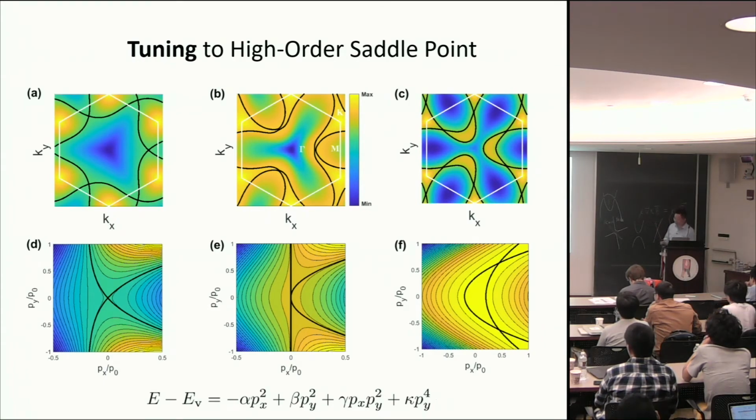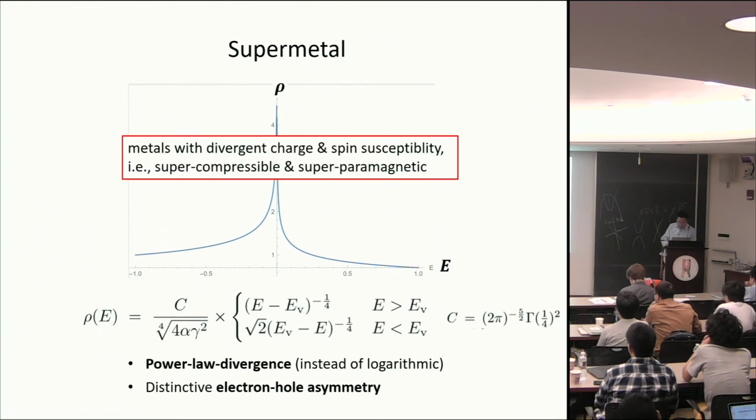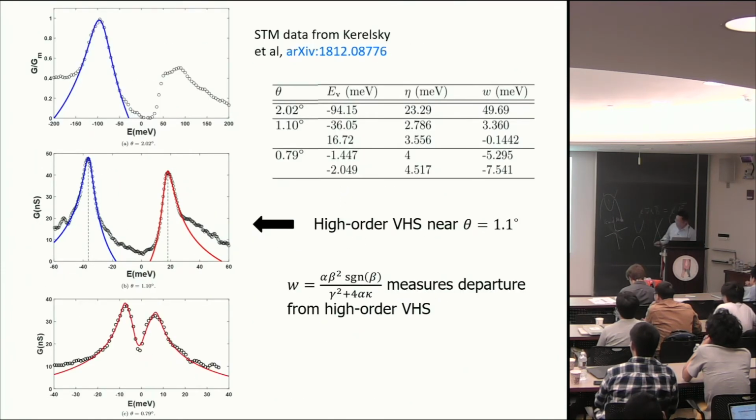There's a cutoff energy scale, a lower energy cutoff, and this W essentially is a lower energy cutoff. And indeed, you see that as you go to this magic angle, this lower energy cutoff becomes very, very small. So over a wide energy window, the system can be regarded as a high order Van Hove singularity, while if you go to like 2 degrees, the system is far from high order Van Hove.